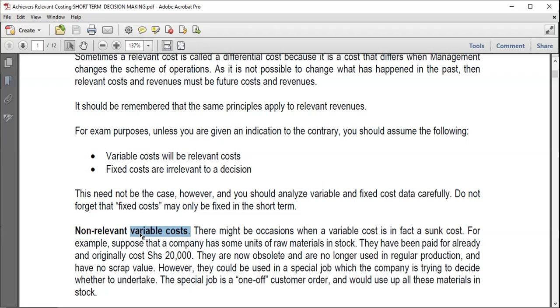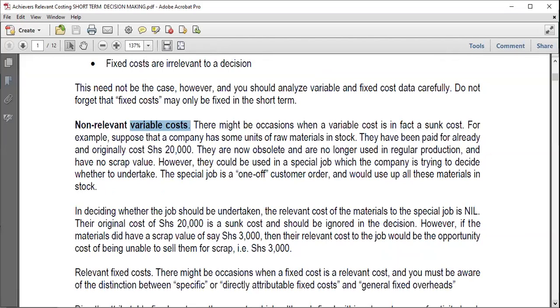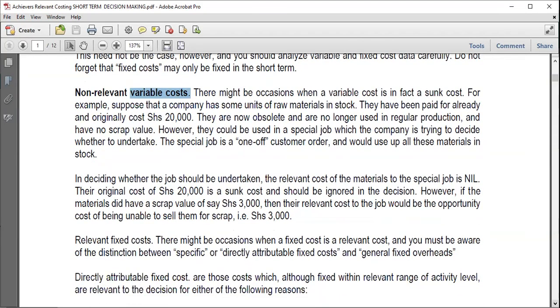You get it? So it's very important for you to also have that in mind, that even if it's a variable cost, it can also be irrelevant. We shall try to look into more.